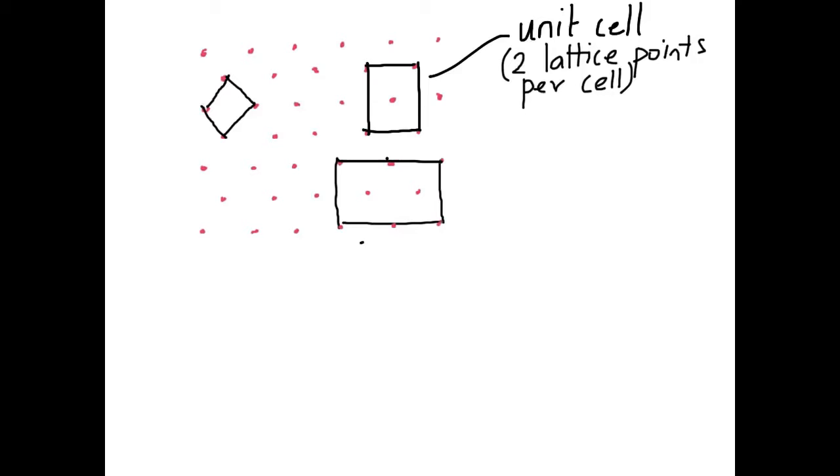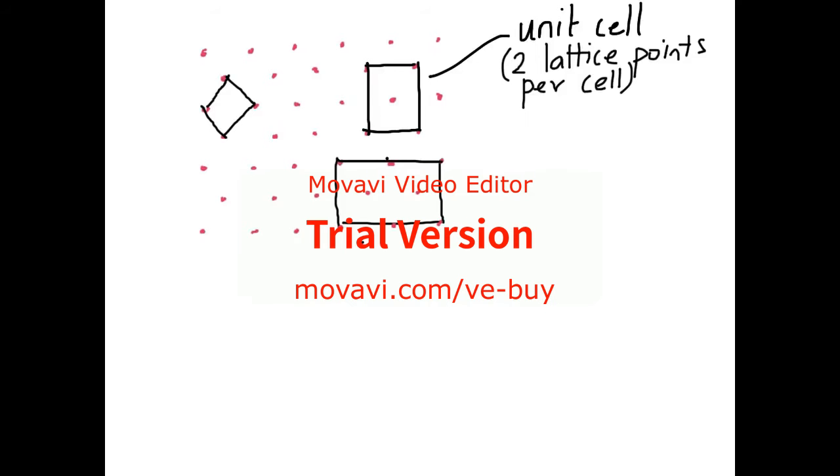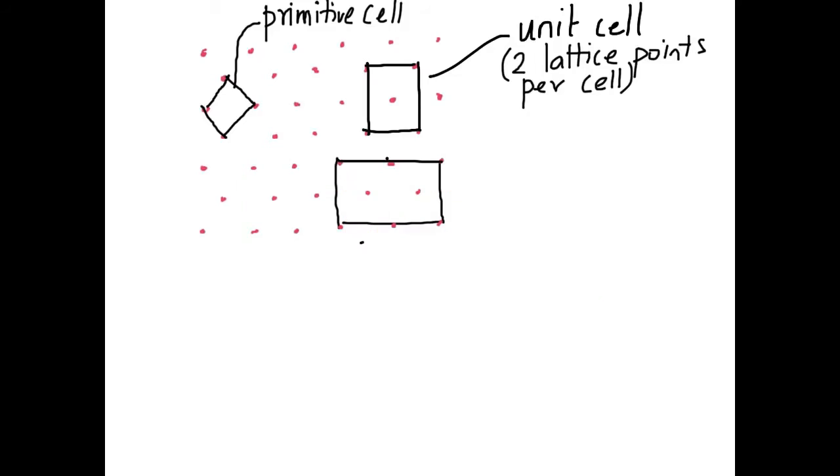And for this reason, this smallest unit cell that I just drew is called a primitive cell. Let me write this down. So to reiterate, the primitive cell is a special cell which is the smallest possible unit cell you can imagine for a given lattice, containing exactly one lattice point.